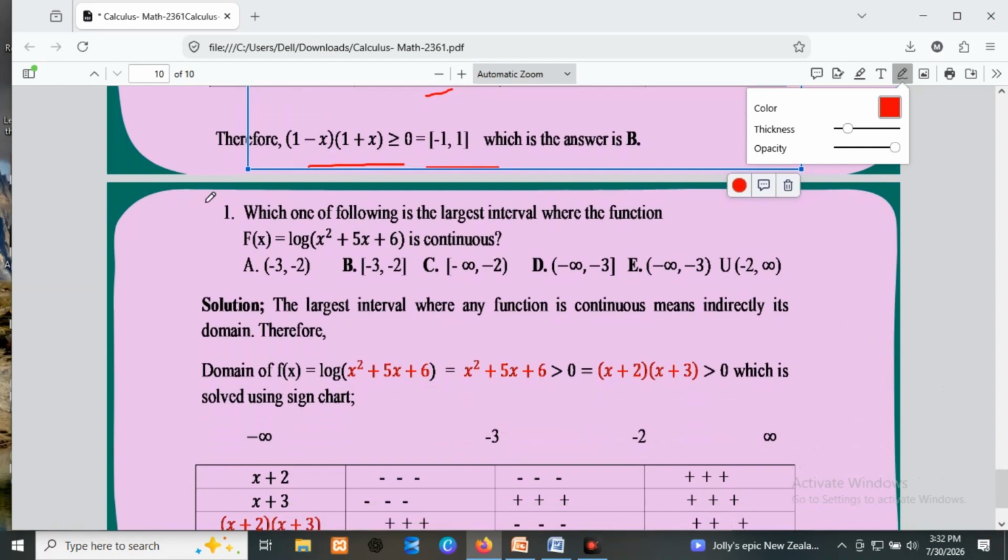Second example. Which one of the following is the largest interval where the function f of x equals log of x squared plus 5x plus 6 is continuous?